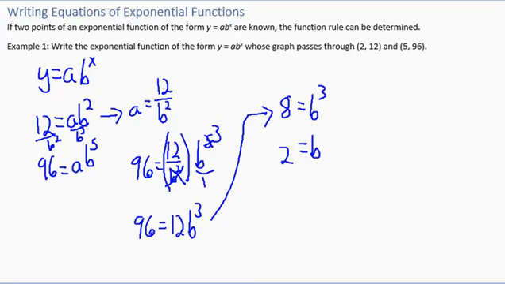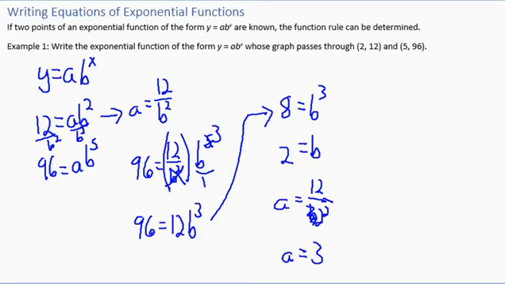All we need to do is find the a value now. We want it in this form. We just found b, now we need to find a, so we can plug it back into one of these originals. In fact, this one's going to be the easiest one to plug it into. So we have a equals 12 over b squared. Well, we know b is 2, so 2 squared is 4. 12 divided by 4 is 3.